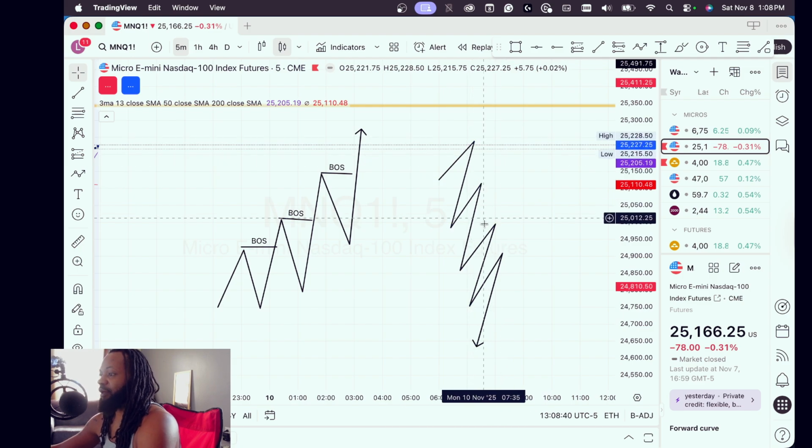Just like going down the stairs. With the downtrend, it's going down. Same way, now the break of structure is underneath.